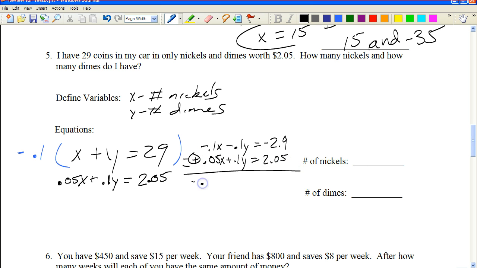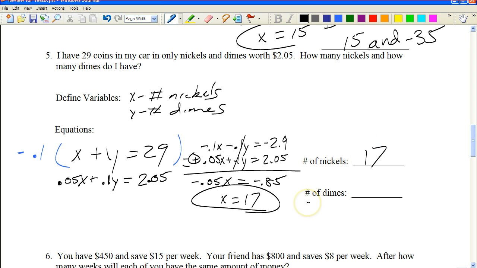It's going to be negative 0.05x. Those y terms are going to drop out. So we're going to get negative 0.85, and we're going to divide that by negative 0.05. So we get x equals 17. That's going to be the number of nickels.